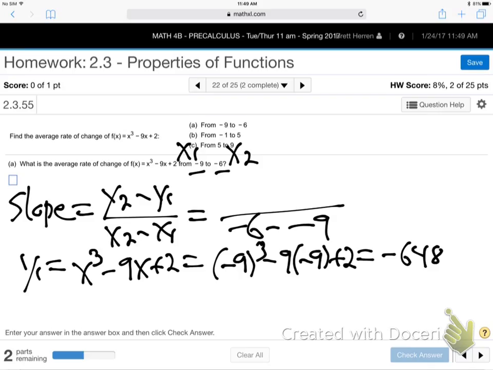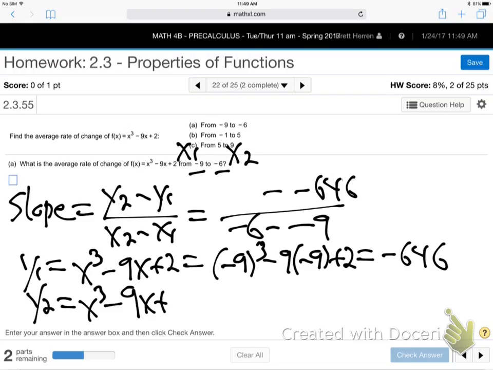Is anybody else getting negative 648 for y1? Oh, that was just the first part, the 729. Okay, great, sounds good. And then y2 would be the same thing, but now we have to plug in whatever x2 was, -6. So we're just plugging in x1 to get y1, x2 to get y2.